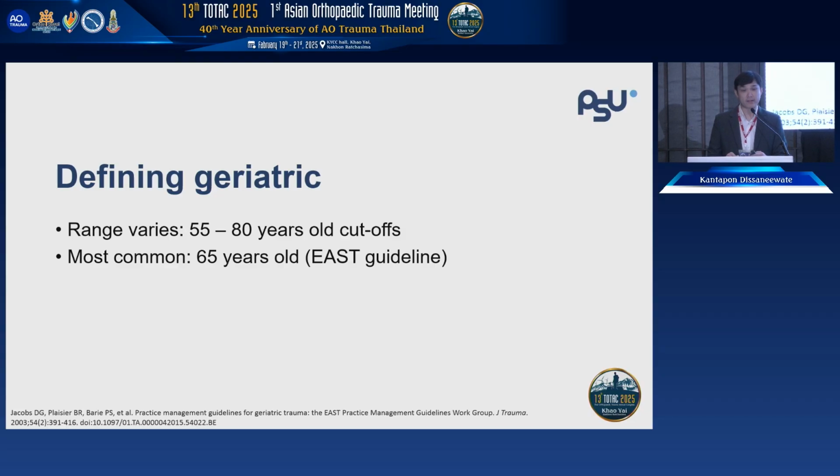So the range varies. Sometimes 55-year-old patients are considered geriatric. Sometimes they are 80 years old and they still say, I'm not geriatric yet. But the most common cut-off point for geriatric patients is 65 years old, most commonly associated with the EAST guideline.